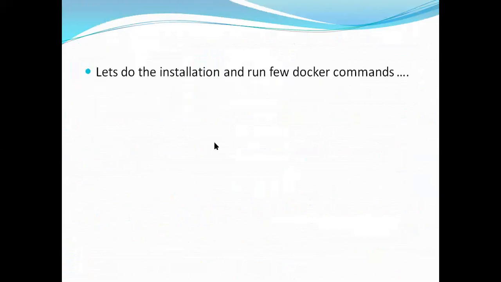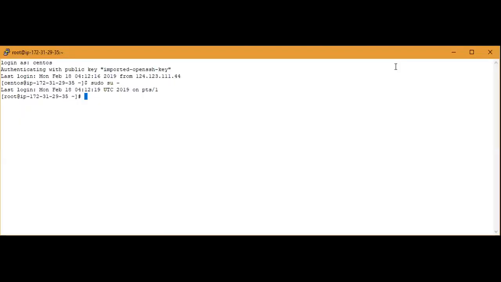So let's go ahead and do the installation and run a few Docker commands, just to give you the feel of it. All right. So let's get started with the installation of Docker.